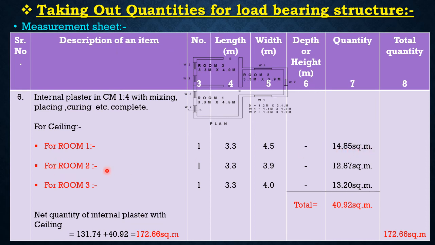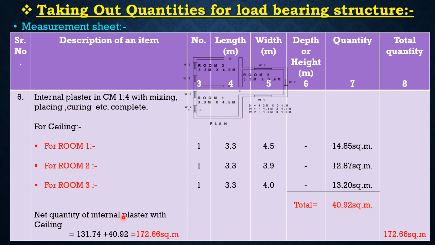Then for room number 2, number is 1, size is 3.3 length and 3.9 meter width. Then quantity is 12.87 square meter. Then for room number 3, number is 1, size is 3.3 meter by 4 meter, then quantity is 13.20 square meter. Then total of this quantity is 40.92 square meter.